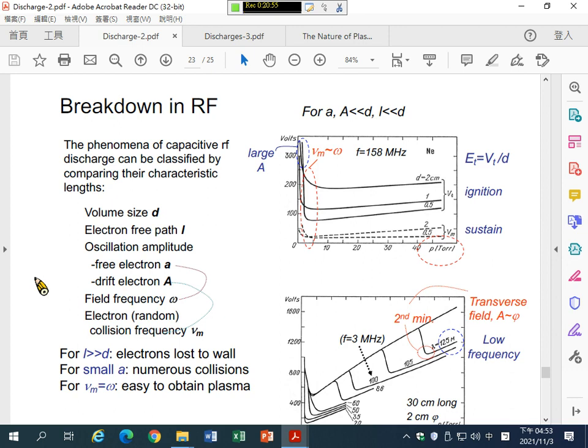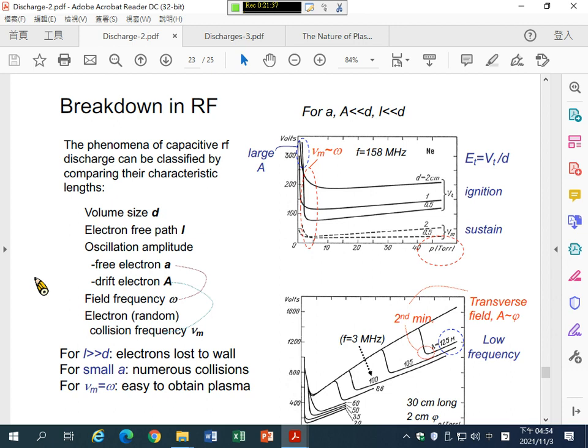All these parameters will influence the discharge behavior. For example, in this figure, one used an RF plasma with an RF output frequency of 158 megahertz. The D size of the system, the distance between cathode and anode, is a major important size of your RF plasma system.